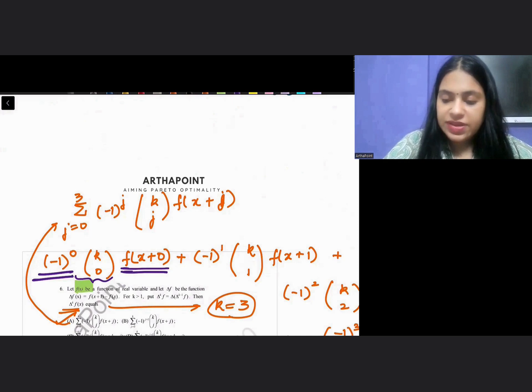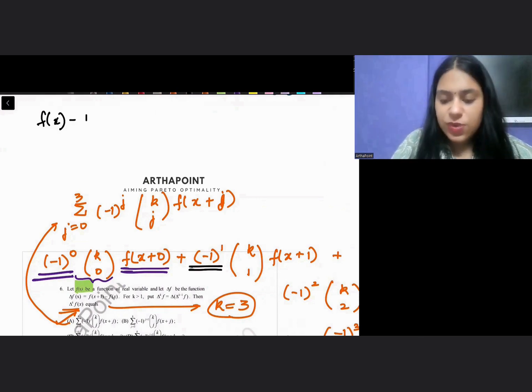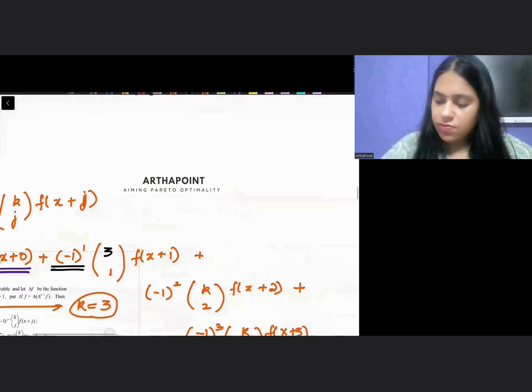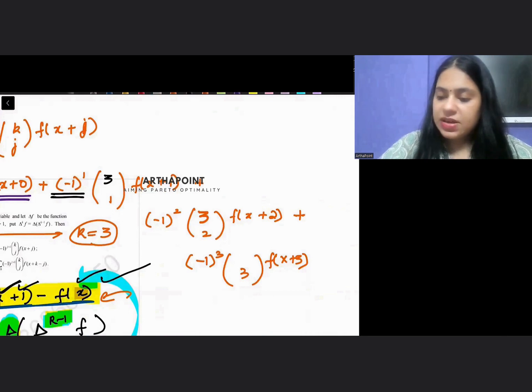So from here I will get f of x. Minus 1 to the power 1 will be minus 1. kC1 will be k factorial over 1 factorial, k minus 1 factorial. It will give me k. But for us k is 3, so I can plug k as 3 everywhere.